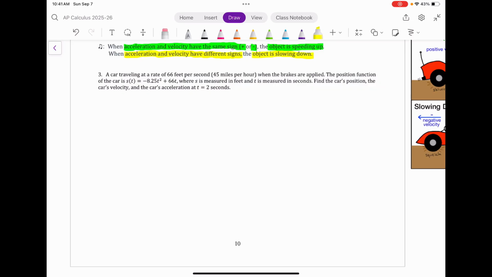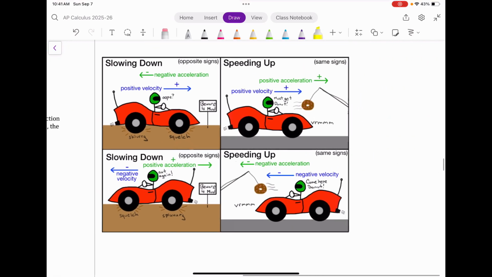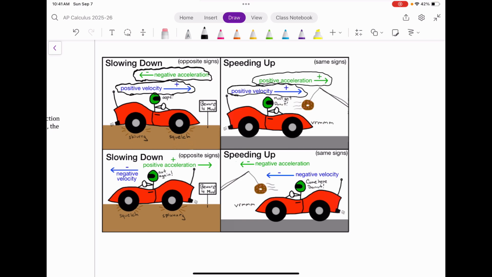And so, quick visual to kind of explain why that is. So let's say you're in a car and you're driving to the right with a positive velocity, but you apply the brakes. So you have a negative acceleration, you'd be slowing down. Okay. But if your velocity is in the right direction and you're stepping on the gas at the same time, so you're accelerating to the right as well, you'd be speeding up. Okay. But if you're driving to the left with a negative velocity, and you're also accelerating in that direction, then you'd be speeding up as well.